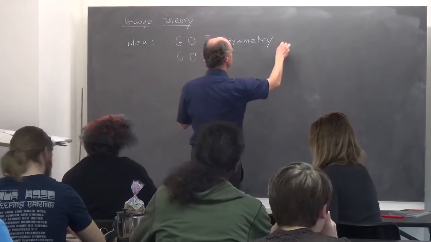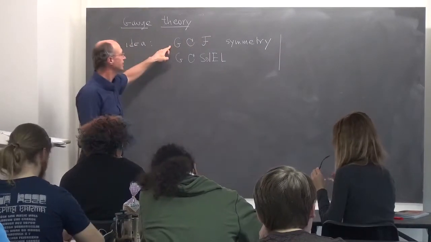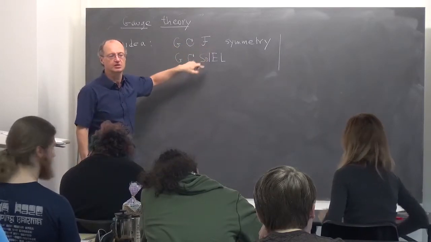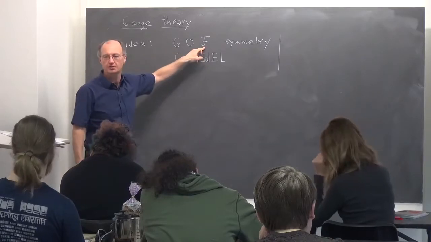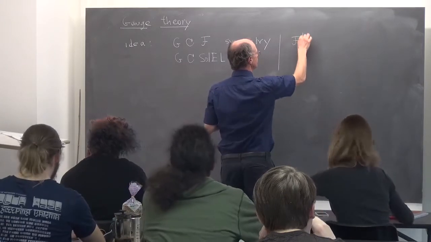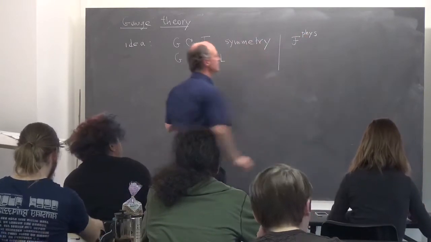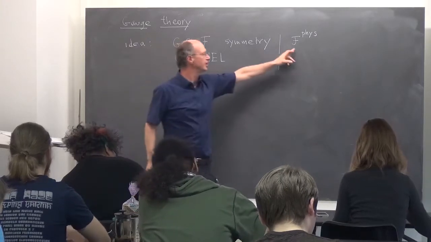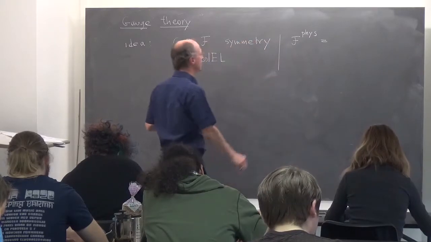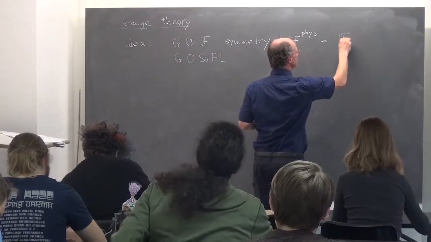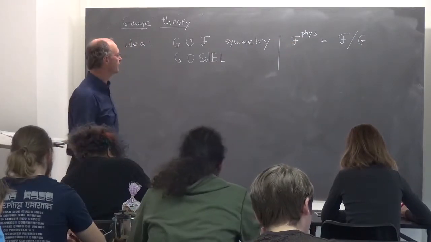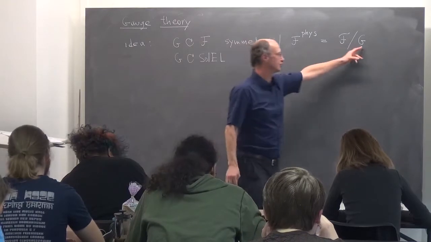Now, the idea in gauge theory is that we would like to identify the points on the same orbit of the group. So we would like to define some other space of fields, let me call it F physical, which will be the quotient of the original space of fields by the group action.